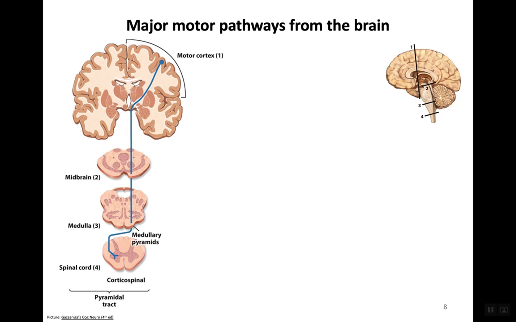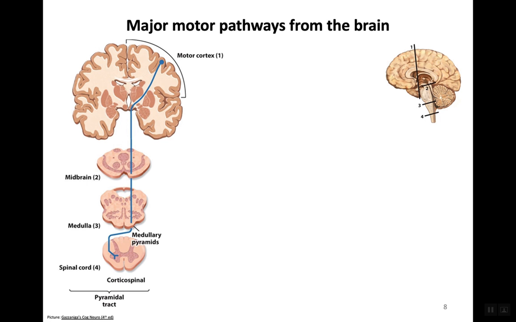Some of them have lengths of over 1 meter. And it should be known by this point that they cross over to the other side of the body, so that they end up controlling the opposite side of the body. The more technical term for that is decussation. They cross over, and this takes place at the level of the medulla.